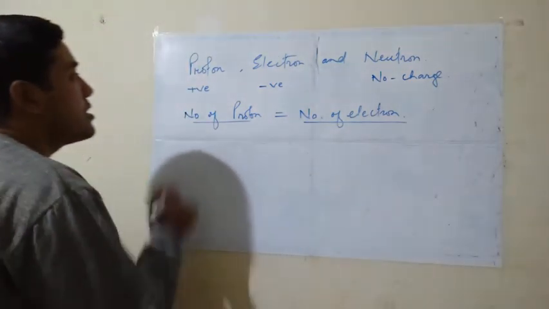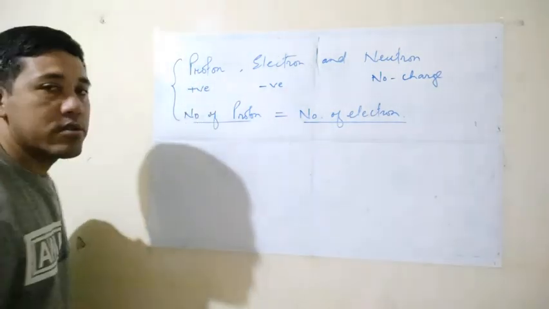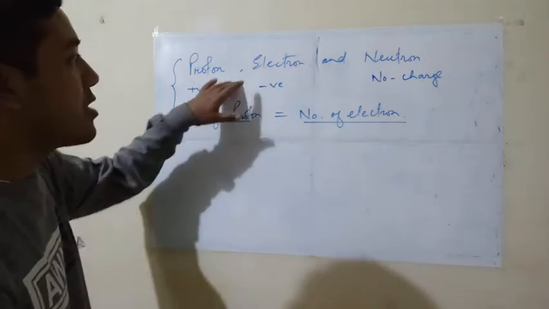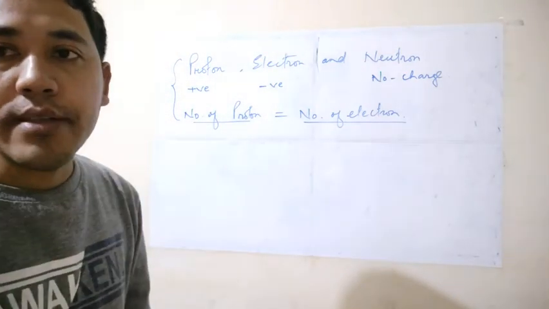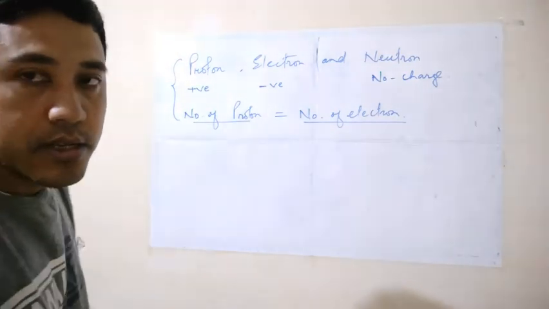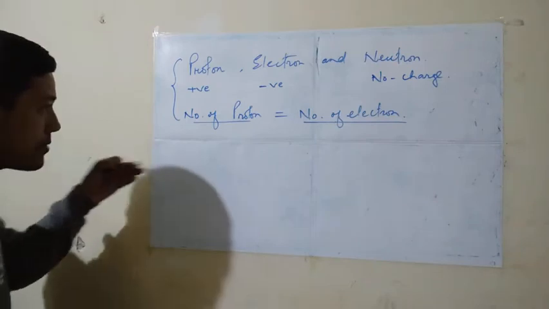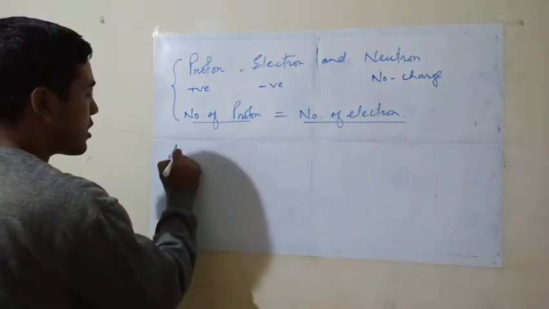Now, this is the most important part. This is the foundation of the atomic number and the atomic mass. Now, look here, I will start explaining about the atomic number.